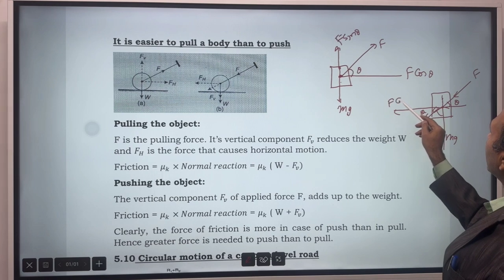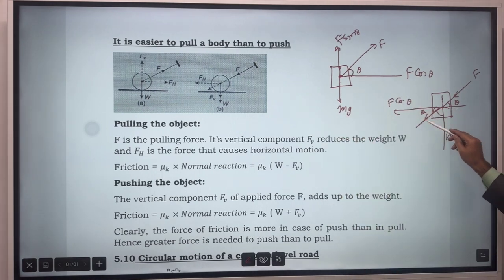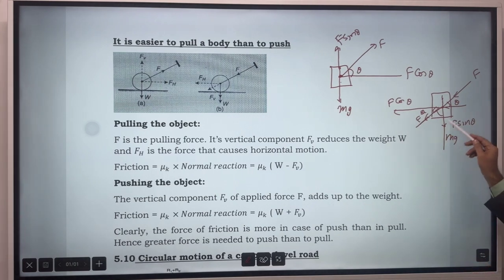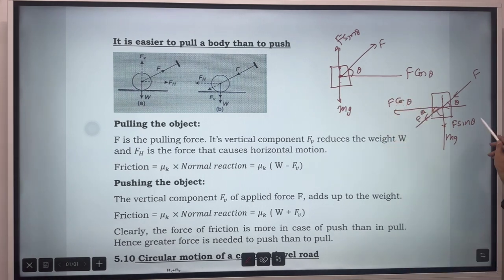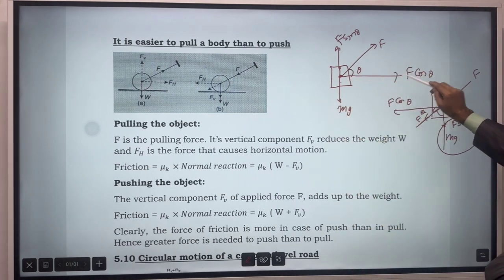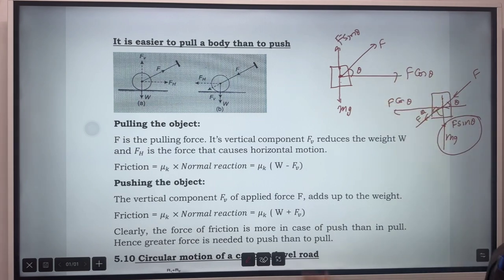So F cos theta will try to push the object, and another component of F will be in this direction, F sin theta, and it will try to increase the weight. So this time net weight to be pulled by F cos theta will be F sin theta plus mg, whereas in the other case net weight to be pulled by F cos theta was mg minus F sin theta.